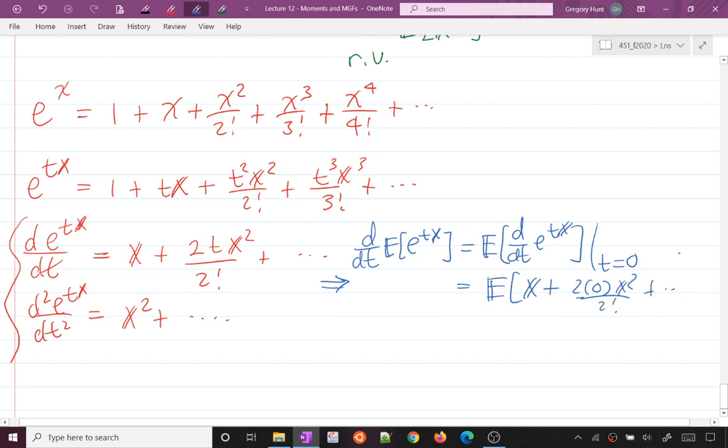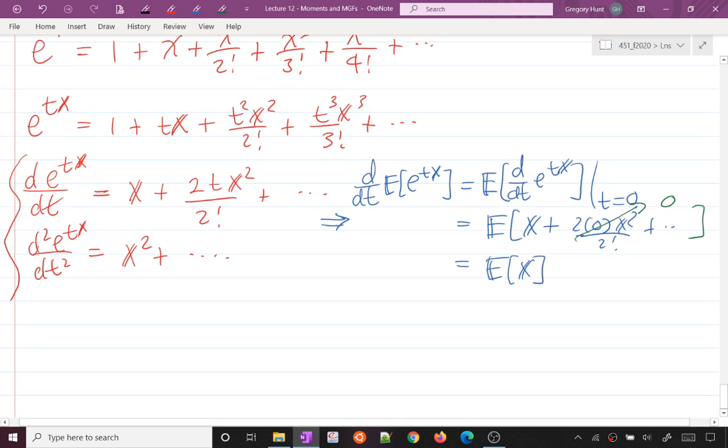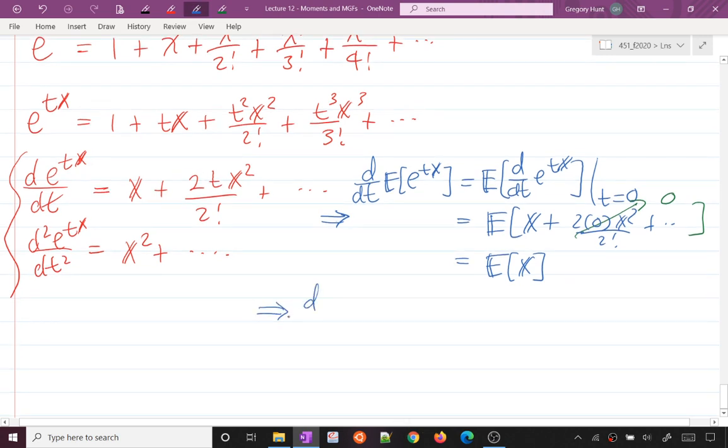If I plug in t equals 0, everything else goes to 0. So what I would be left with at the end of the day is just E of x. Okay, I'm moving a little fast, hand waving a little bit. But you can play the same game. If I look at the second derivative of e to the tx and I push that inside, this would do something like this.